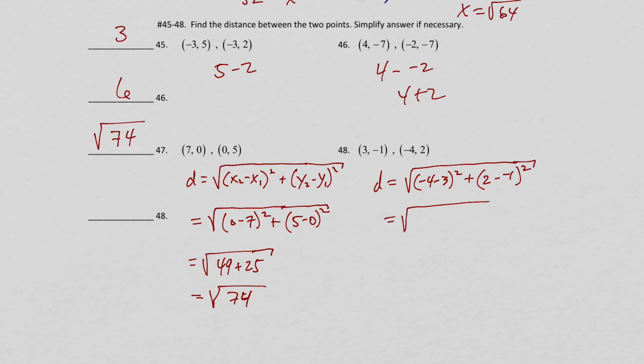This is the square root of negative 7 squared plus, this becomes 2 plus 1, which is 3 squared, which is the square root of positive 49 plus 9, which is the square root of 58. Now, 58 is 29 times 2, so we can't do anything with that. So this is just the square root of 58.